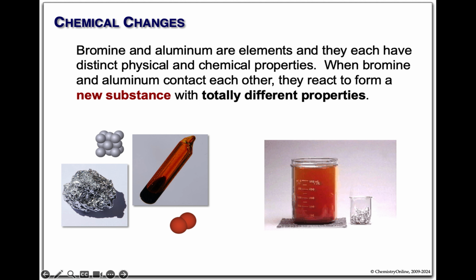This is done not on the tabletop, done in a fume hood. Because here's a beaker full of bromine at the bottom, poisonous bromine gas on top. Okay? We're going to take the aluminum foil and add it.